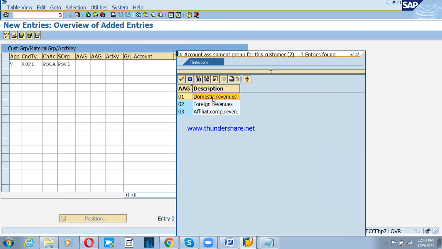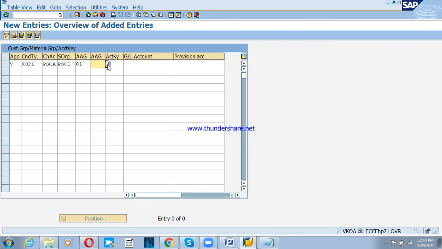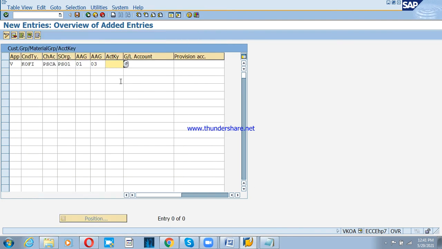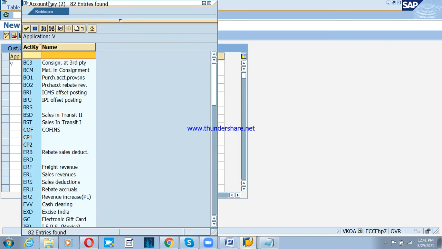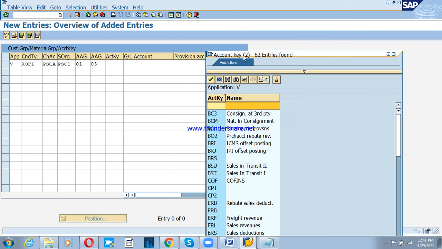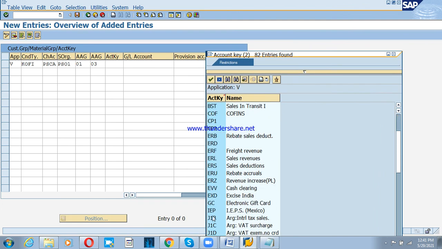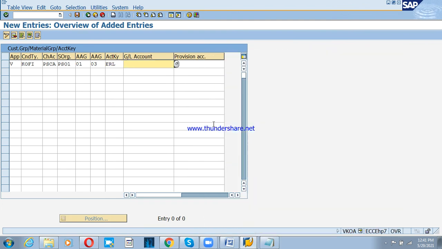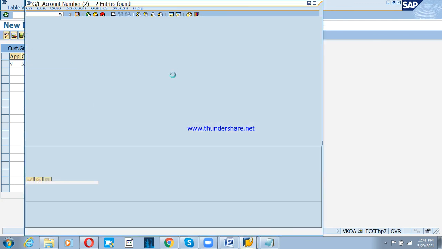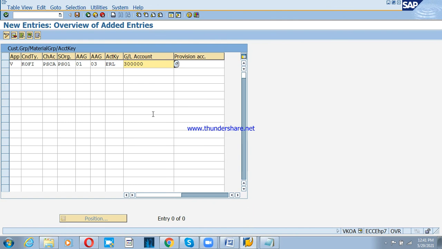Okay, so we are getting the revenue from domestic, right? So domestic I'll select, and for domestic customer, what are the goods we sold? Finished goods. And with the account key, as I told you, there is a predefined account key. For revenue we are having ERL. I'll select revenue, and for revenue account we are having sales revenue.